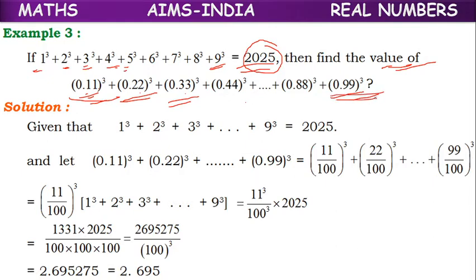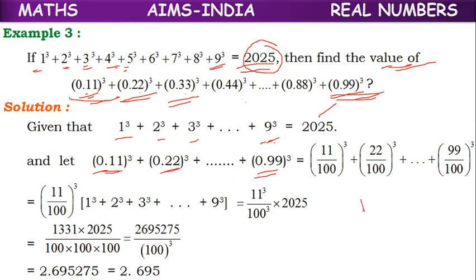What is the value that they are asking? Given that 1 cube, 2 cube, 3 cube, up to 9 cube equals 2025, now we want to find 0.11 cube, 0.22 cube, up to 0.99 cube.